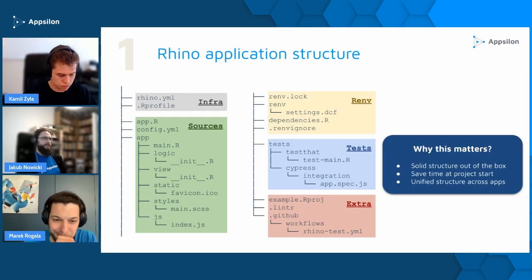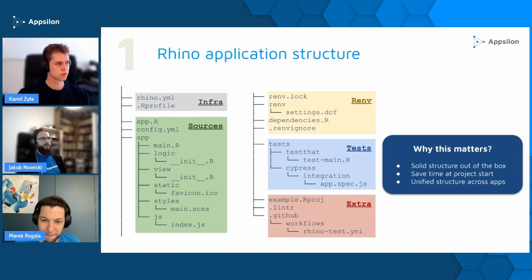The very first thing that we will get when you initialize a Rhino application is a very rich structure, which includes the core of the Rhino Shiny application, marked here with green, where we can find an entry file app.R, where you can find your first main module, where you can find places to write your Sass code, to write your JavaScript code, and with a predefined nested structure for your R code with a view directory, which is intended to include all your interface of the application wrapped in Shiny modules, and logic part, which should be pure R functions, which are testable.